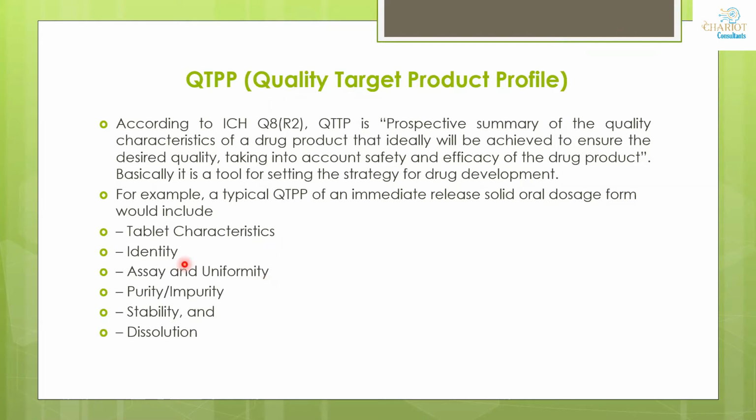The target should not be just as per your own understanding. Whenever you are setting a target, it should comply with your pharmacopoeias or the guidelines in the monographs, for example in the US FDA. So you cannot say that I want a tablet where the assay value will be 80%.